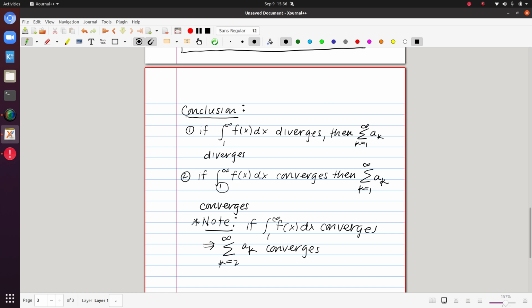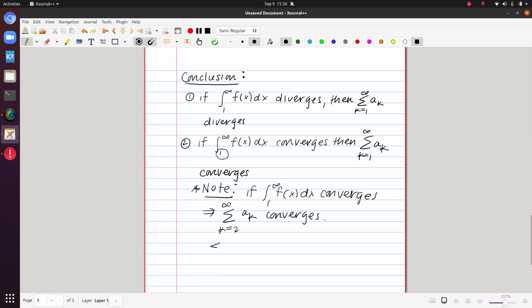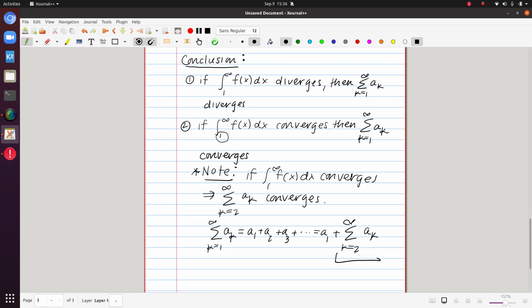So how do I get from there to the statement that the sum from 1 to infinity converges? Well, that's because if I take the sum from 1 to infinity of a sub k, that's a1 plus a2 plus a3, etc., that's a1 plus the sum from 2 to infinity. So in this instance, we're already taking advantage of the fact that we know that the sum from 2 to infinity converges.